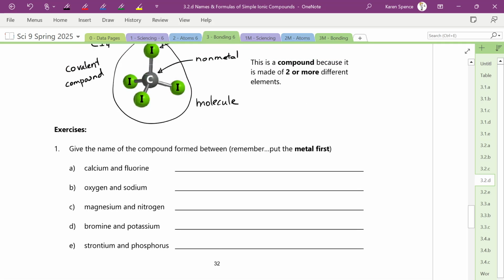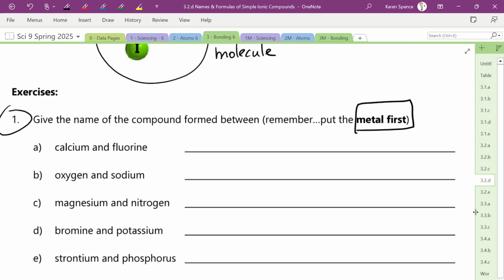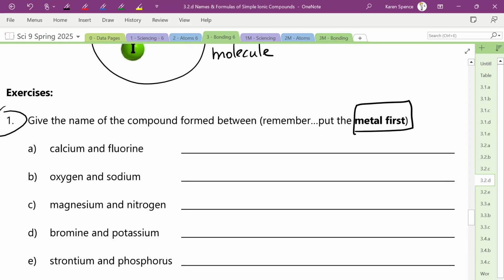And all I'm going to have you do for homework is number 1. That's it. Okay? Number 1 on page 32. You can probably finish it right now and not have anything. You just need to name the compound, but remember, put the metal first. I might not have put the metal there for you. So you have to put the metal first and change the non-metal ending to "ide."